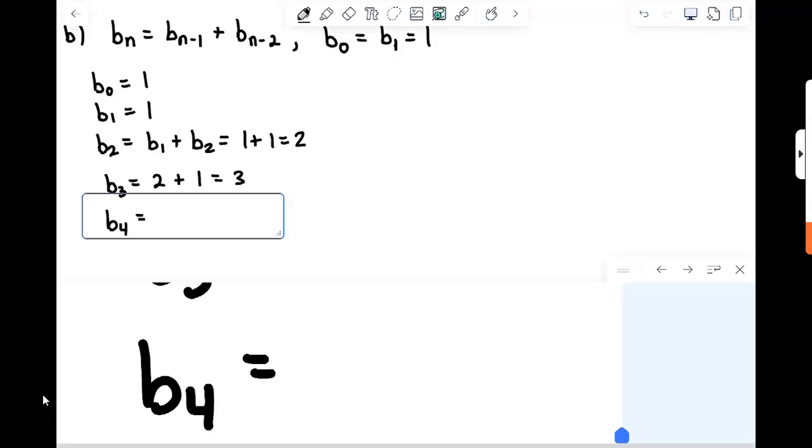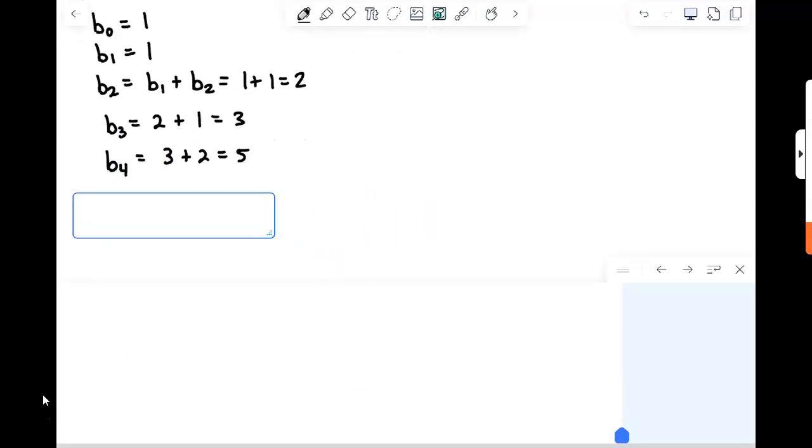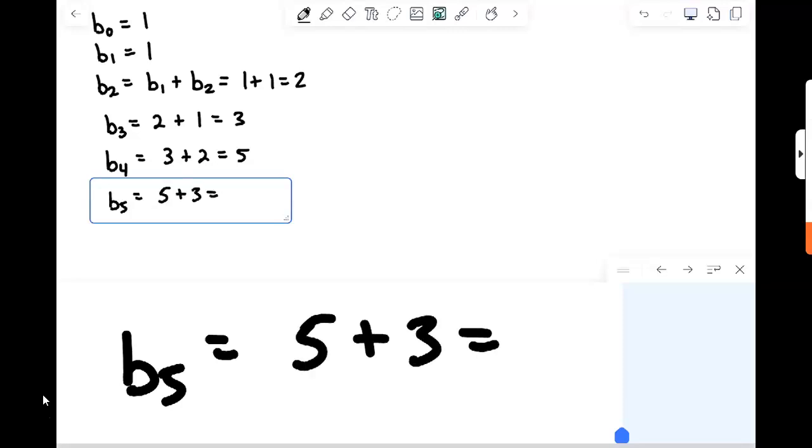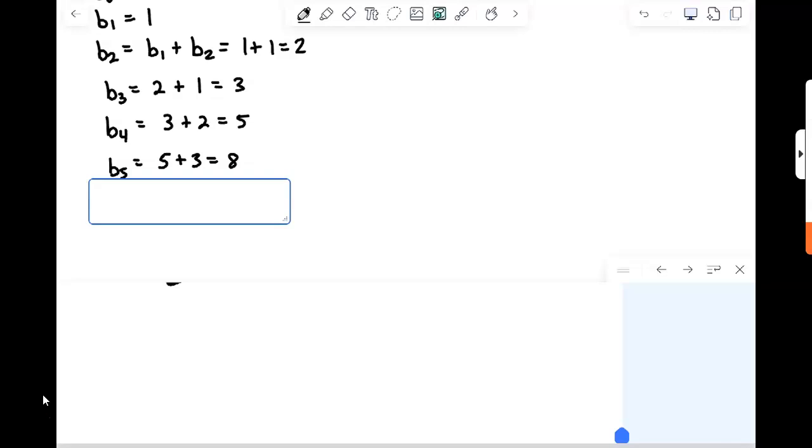B4 would be 3 plus 2, which is 5. B5 would be 5 plus 3, which is 8.